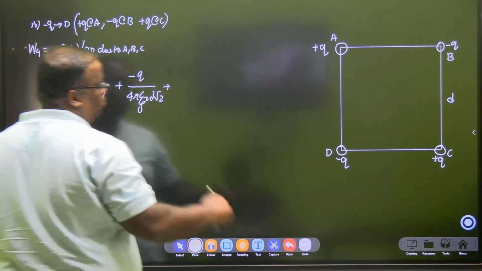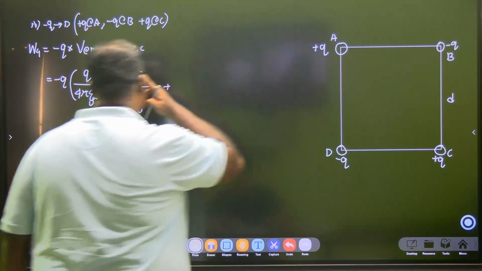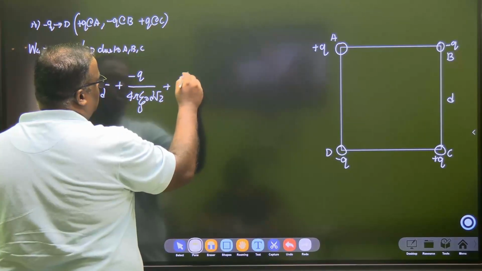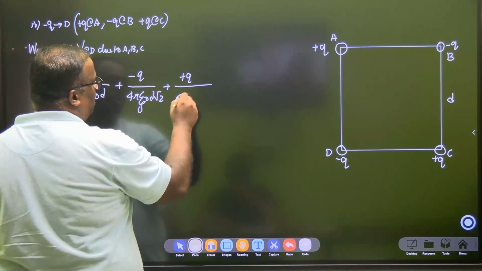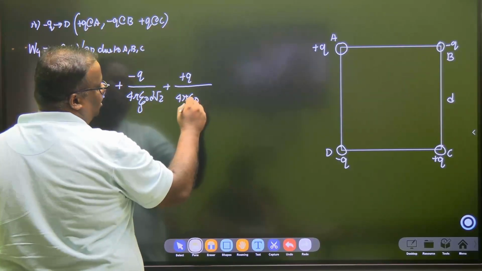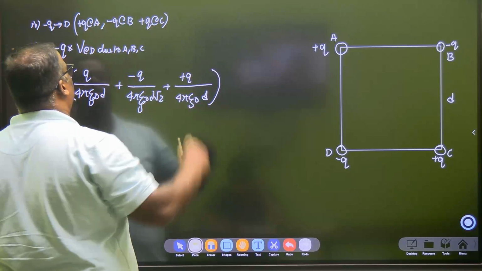And then the potential due to C is plus Q divided by 4 pi epsilon naught D. Right?